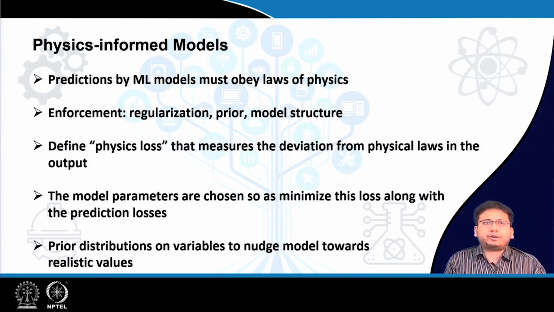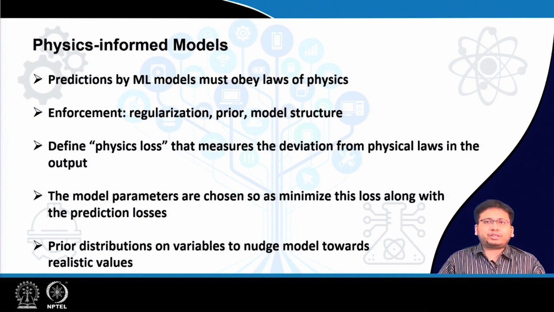So, typically what people do is they define some kind of a physics loss that measures the deviation from the physical laws in the output, just like we have the usual empirical loss which measures how different the predictions are from the true values on the training data, and try to tune the model's parameters so as to minimize that empirical loss.